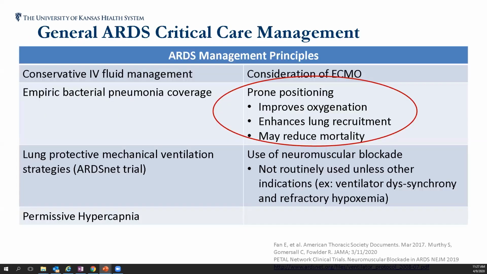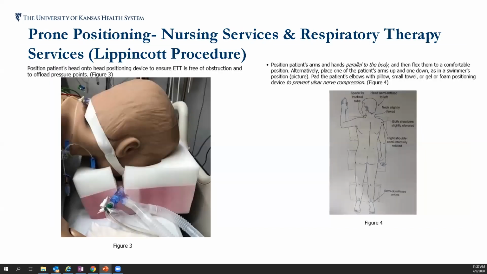Next is prone positioning. Prone positioning has been shown to reduce mortality in moderate to severe ARDS. This is really taking a patient on the mechanical ventilator and flipping them on their stomach and ventilating them that way. This helps reduce lung compression and increases perfusion.